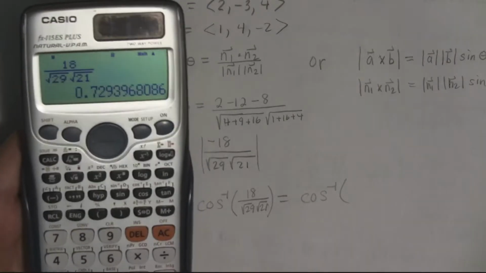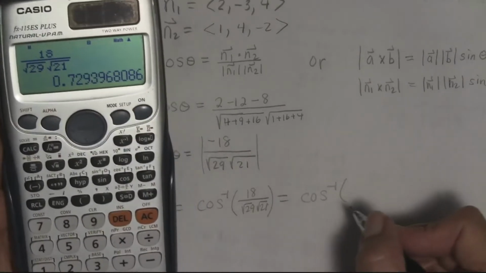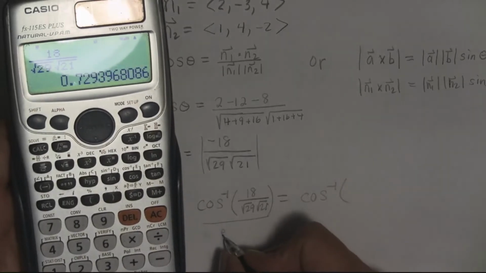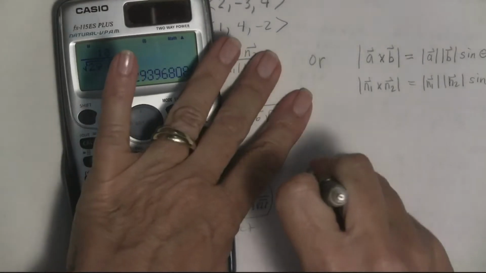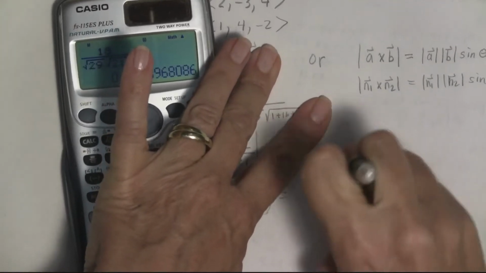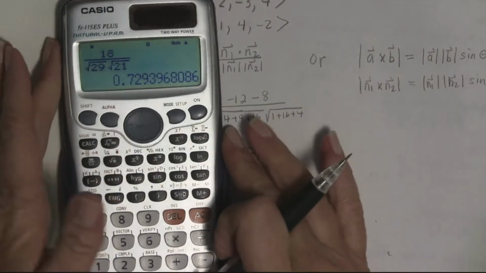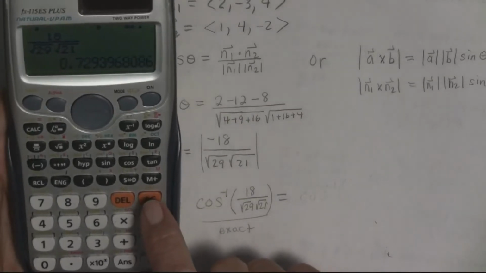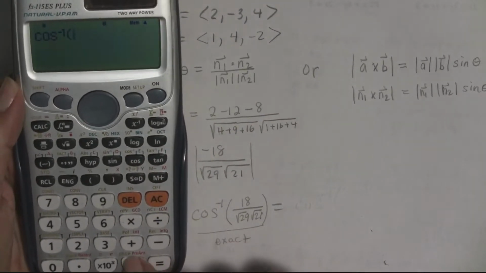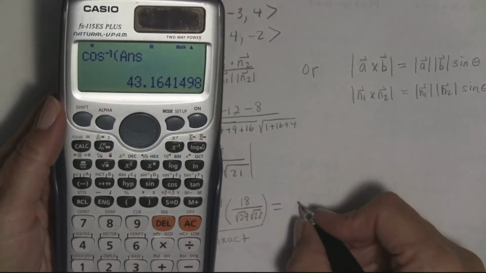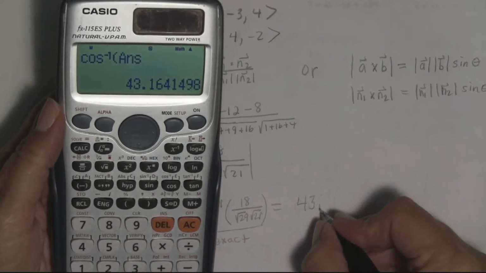Apparently it wasn't. And so we'll call this the exact. I don't want a decimal in there. I'm going to erase this because I was hoping it would simplify, and it said no, that one's terrible. And so I'm going to do the arc cosine of that answer because I already put it in there. And I'm getting 43.2.